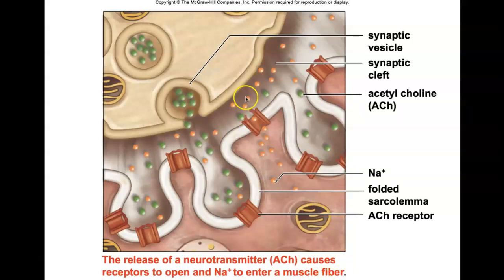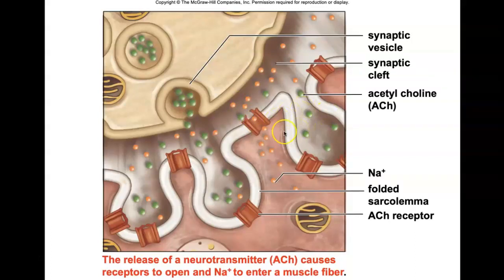When sodium ions enter the muscle fiber, we say that the muscle fiber is depolarized. This just means that the muscle fiber is activated. A signal is carried along the length of the muscle fiber, and the signal is this influx of sodium ions. Influx just means that tiny little sodium ions are coming into the cell.